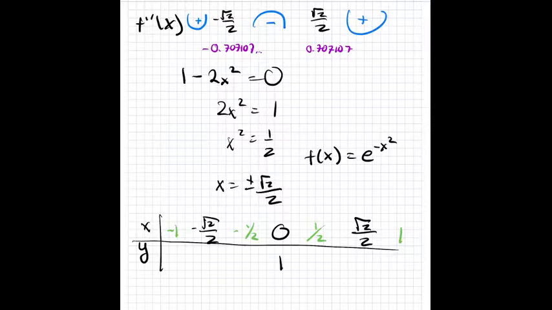I'm just going to write out the decimals. So this first one we get approximately 0.368. Say we did negative root 2 over 2. This one was 0.607.